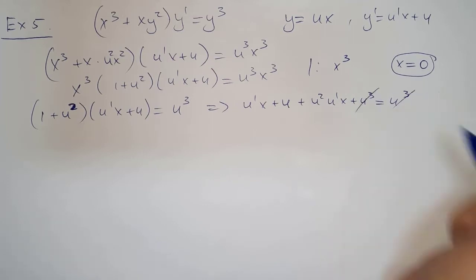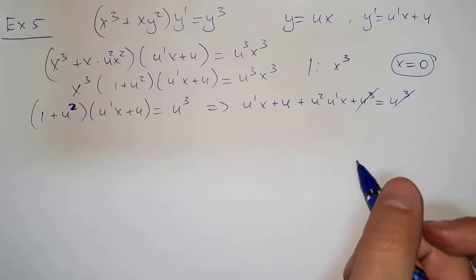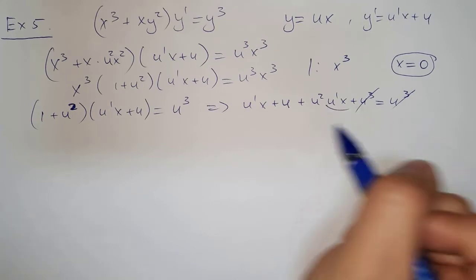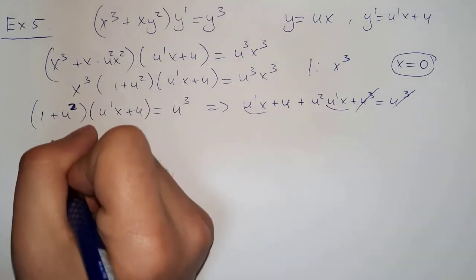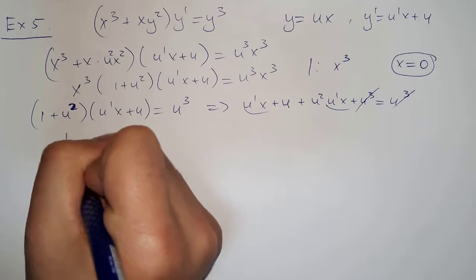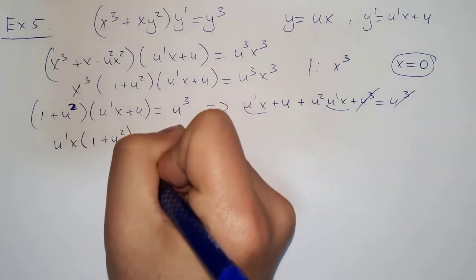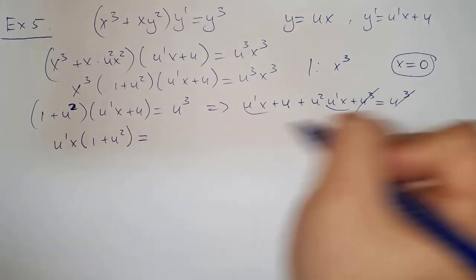They are cancelled to u cubed. And here, let's write without these factors. So just factor out like these two ones. U prime x times 1 plus u squared equals minus u.